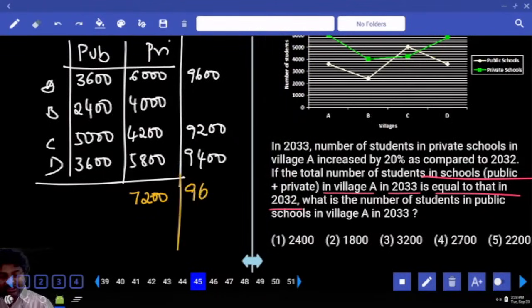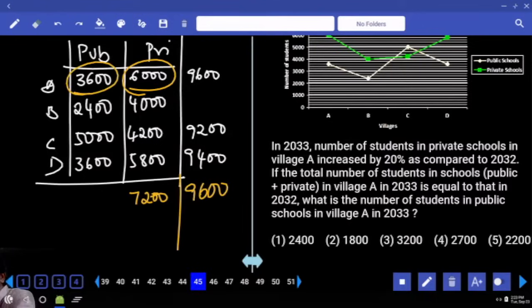So total is 9,600 only. Number of students in public. Simple thing. This value increased by how much? If total is same, the other number should decrease by same number. The other number decreased by 1,200. Total 2,000. Otherwise from total 9,600 we have to subtract 7,200. Again you get the same number. Yes.